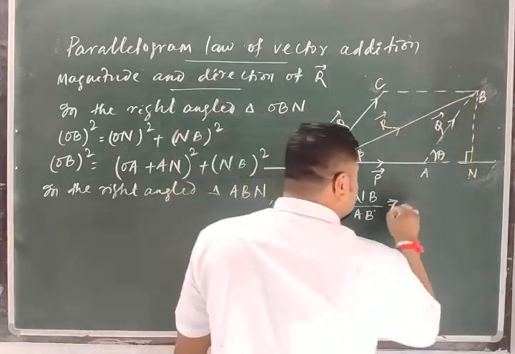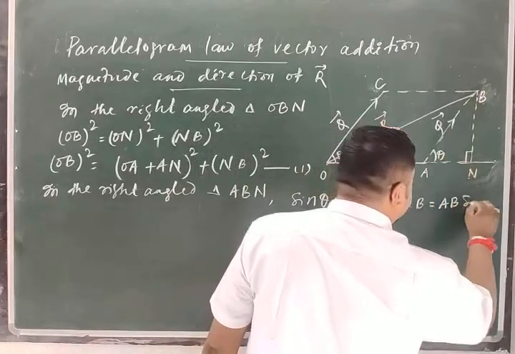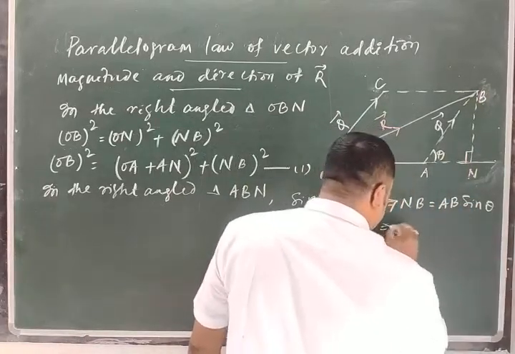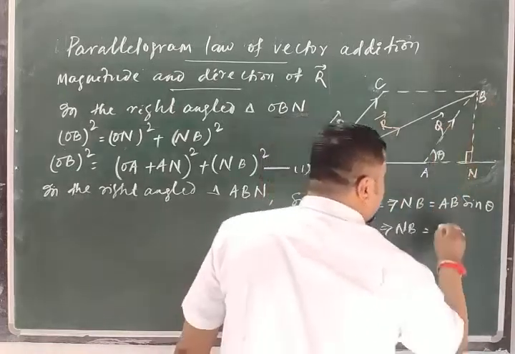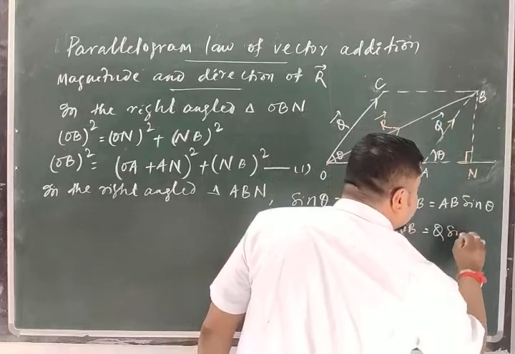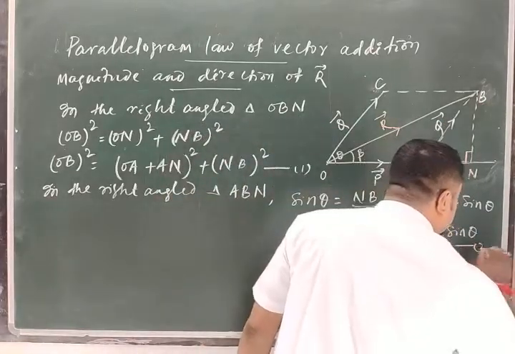So this implies NB is equal to AB sine theta. What is this AB? AB is nothing but the magnitude of Q. So NB is equal to Q sin theta. We will consider the magnitude part. So this is equation number 2.